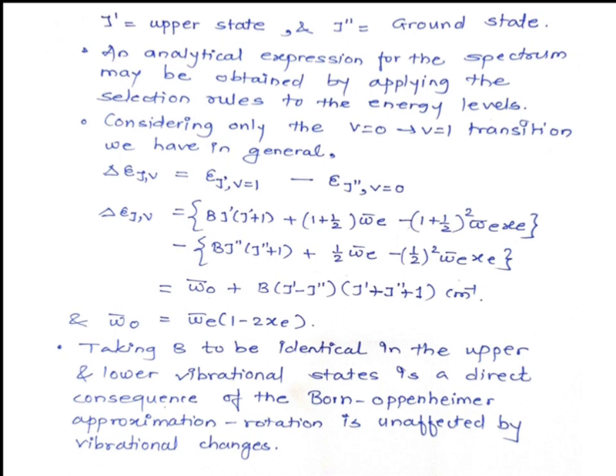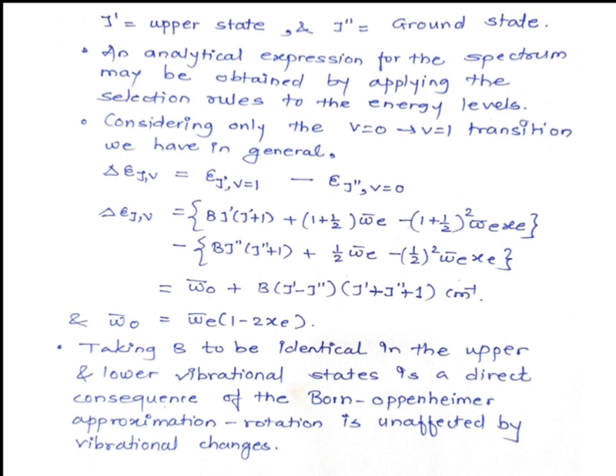Now we have two terms in the equations, Ej double prime with V equal to 0 and Ej prime with V equal to 1. So we have written all the values here. By solving this we will get the final equation omega bar 0 plus B in a bracket J prime minus J double prime in a bracket J prime plus J double prime plus 1.